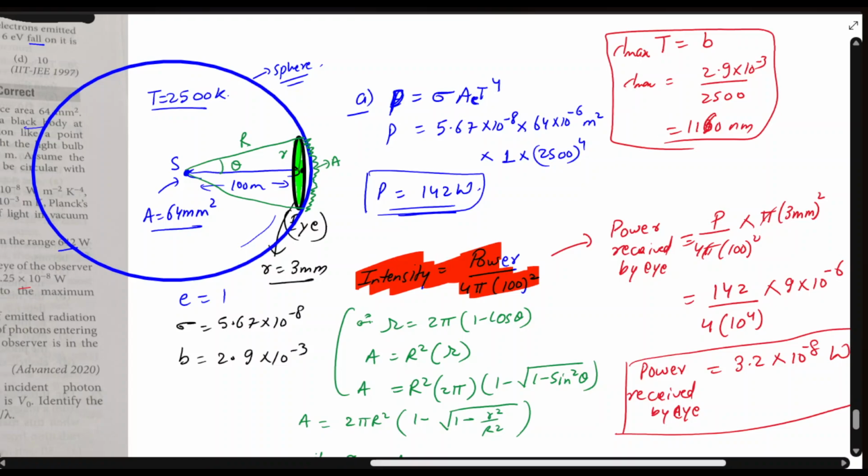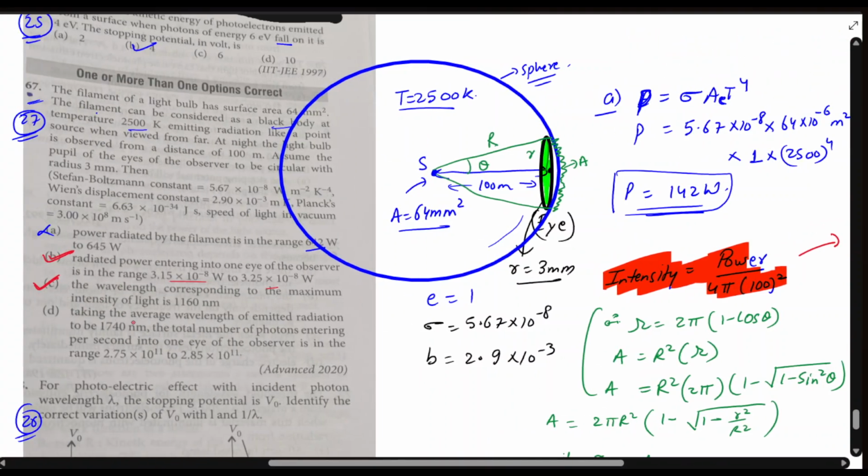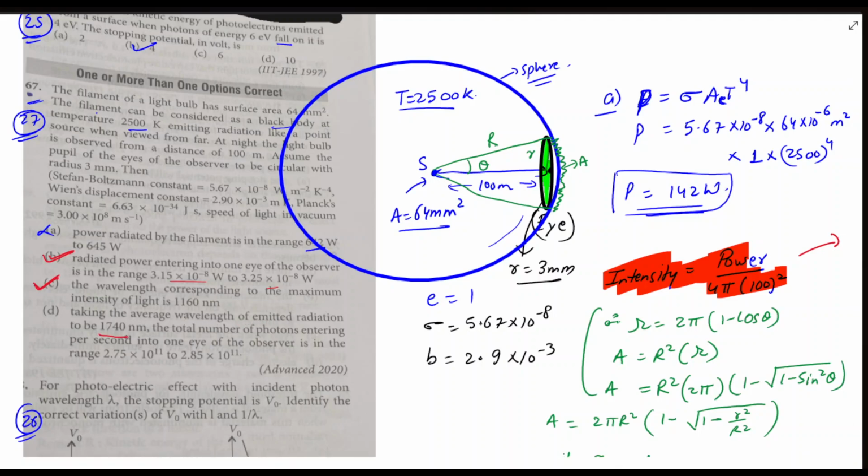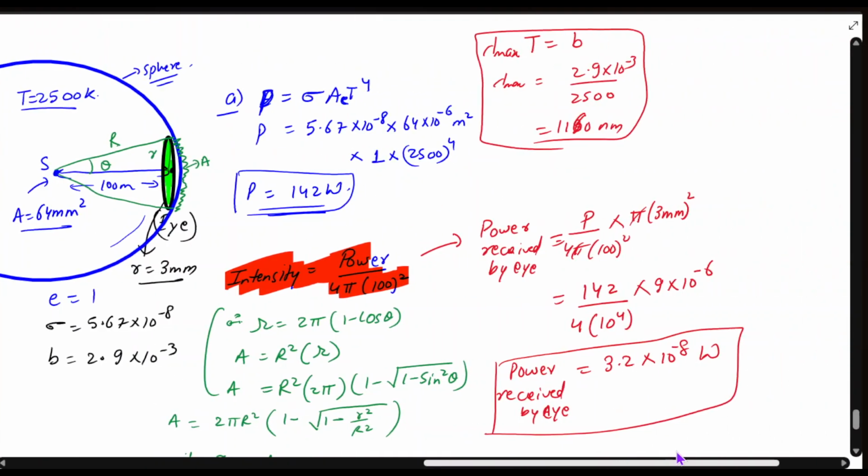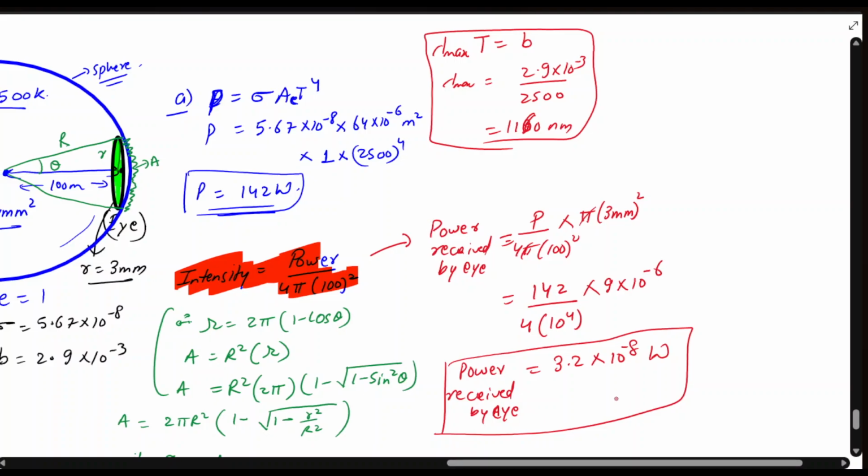Okay. Now, what is the other D option? That taking the average wavelength of emitted radiation to be 740, so you have to take the wavelength as 740. The total number of photons entering per second into one eye of an observer is in the range this. Okay, so power we get this, right?